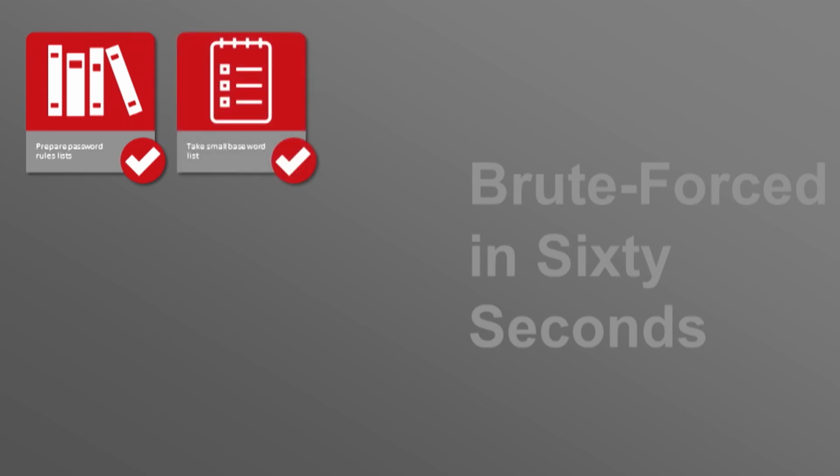So, summing up, what do we need to do to most effectively go through passwords to end up with a login and a password? You need to prepare dictionaries with the transfer rules. We need to take base words.